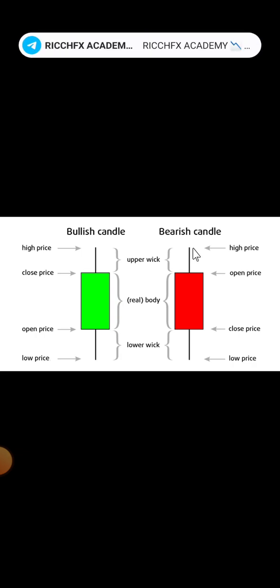Now the bearish candle also has the lowest price it got to, that is the bottom of the wick, and then the top of the upper wick is the highest price it got to within a specific time. So we are using a daily time frame. So within the day, that is the highest the price has gotten to.